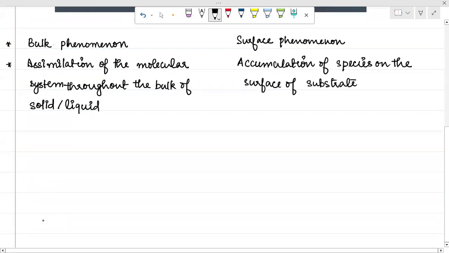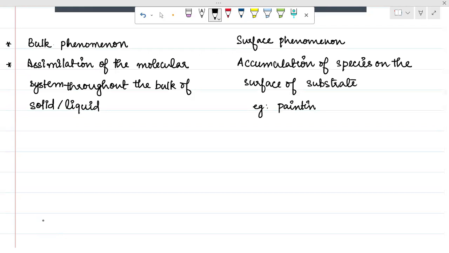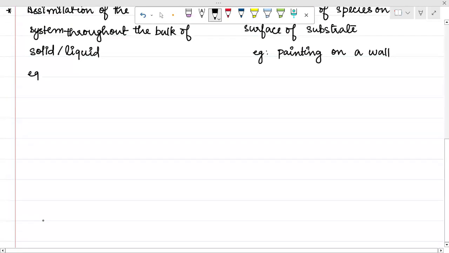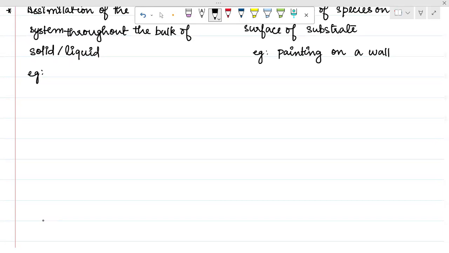If you want, you can support it with examples. Example: painting on a wall. For absorption, an example is absorption of water by a sponge.